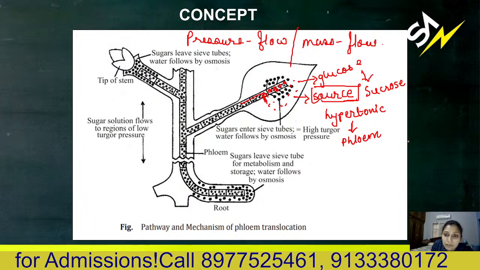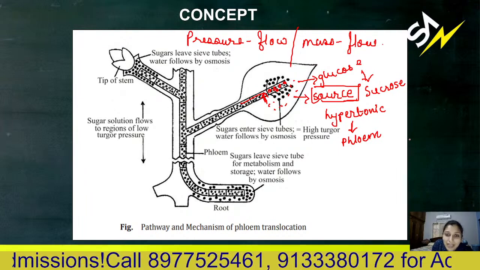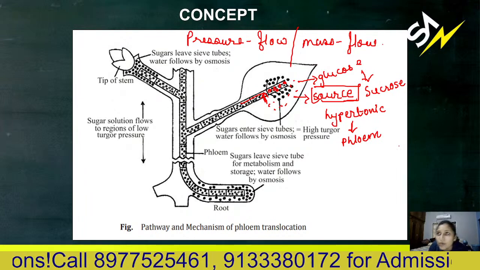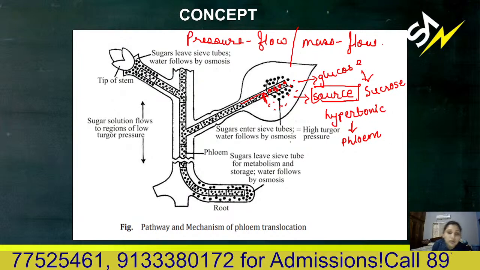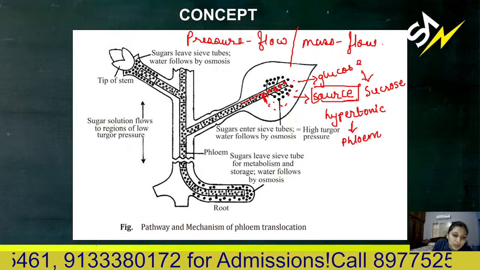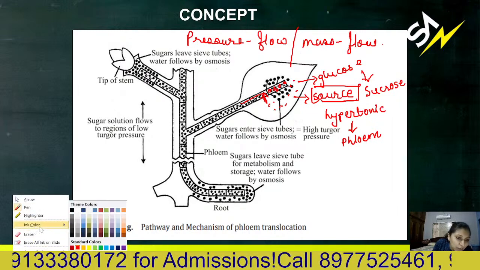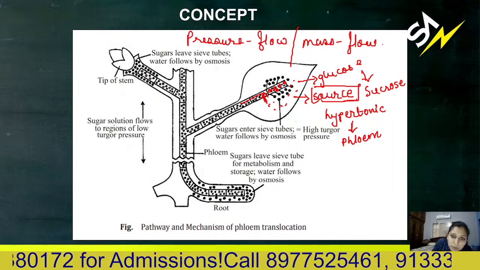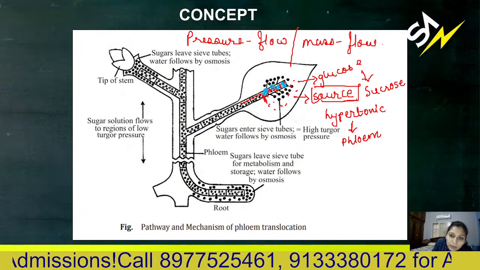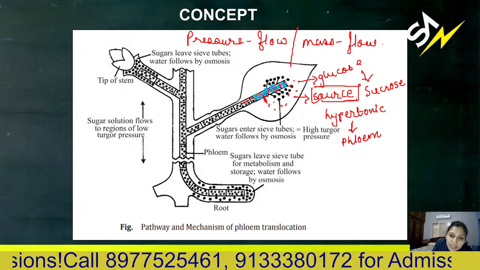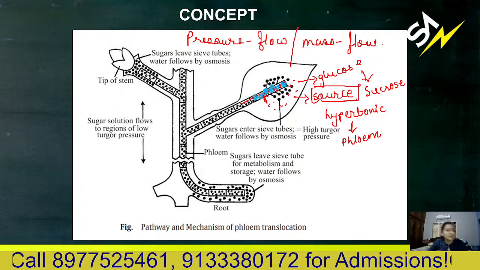So water will be transported from its higher concentration to lower concentration. Because of that, inside the phloem, along with the sucrose, you can see a lot of water molecules also traveling. It is transported from the nearby xylem.